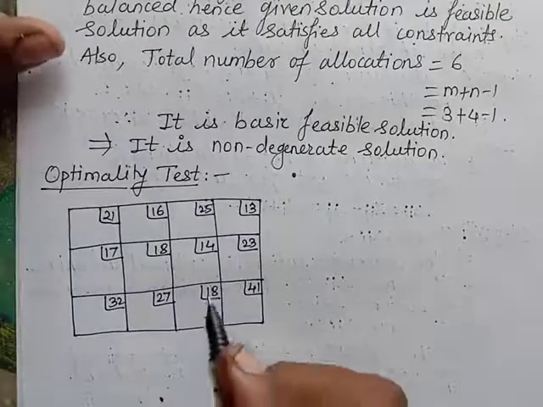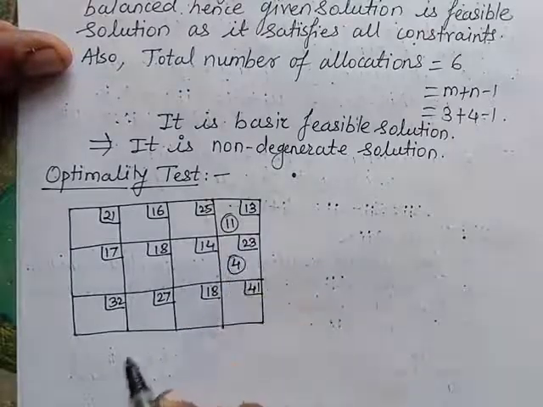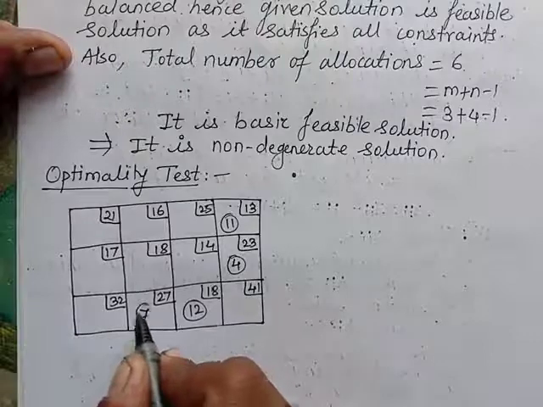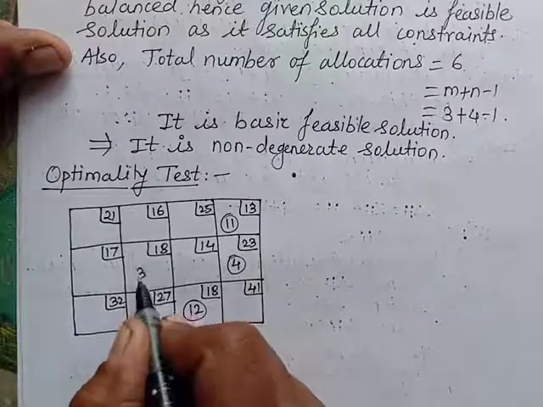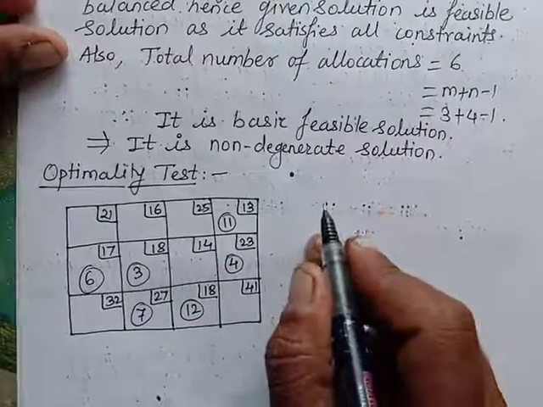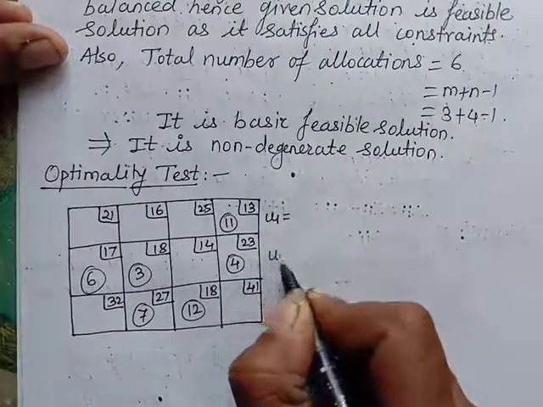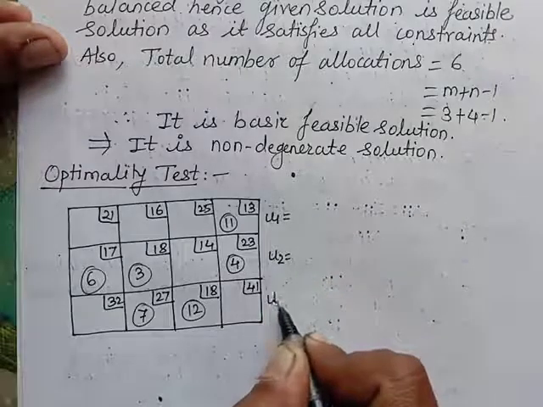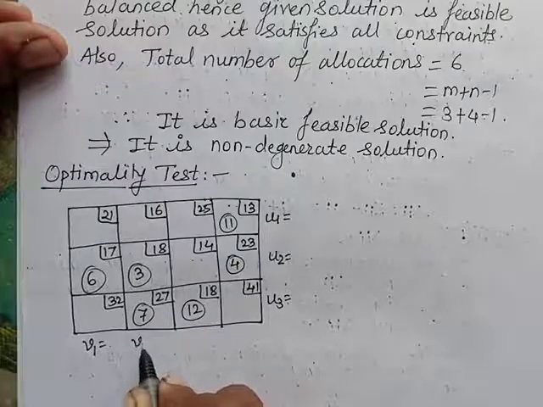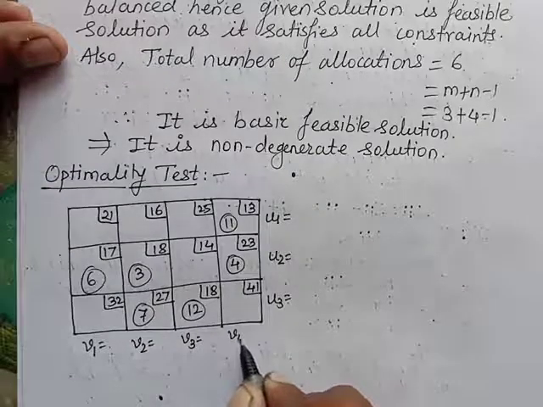And allocations here 11, here 4, here 12, here 7, here 3, here 6. Here we have to write u1, u2, u3, and here v1, v2, v3 and v4.